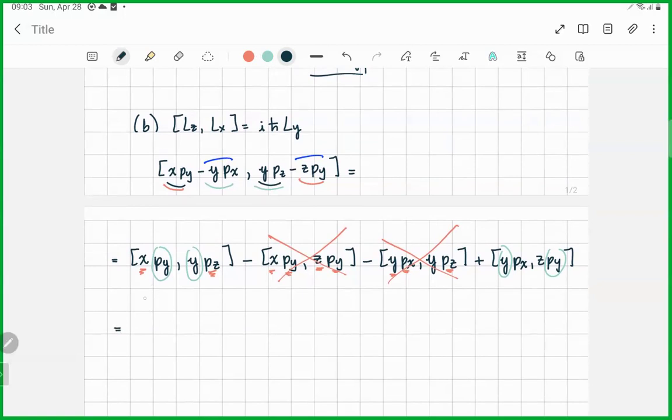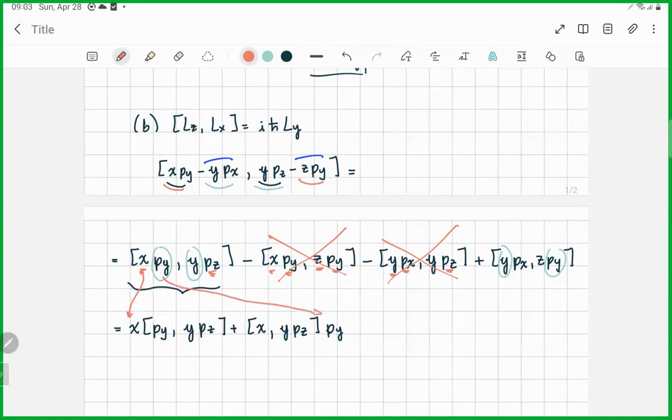So here we'll put x in front, p_y with y, p_z. So I'm working with this guy here. And then I'm going to put x, y, p_z, and the p_y at the end. So first I put this guy in front, and then I put this one at the end.